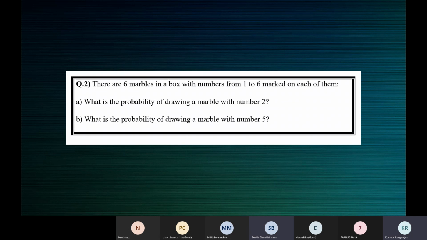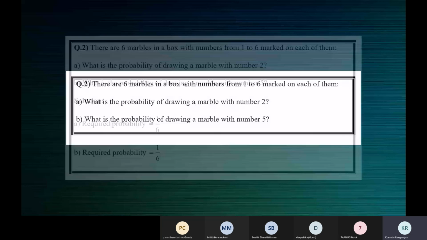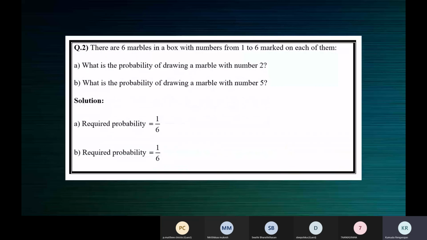Yes, ma'am. Same way here. There is only one marble with number 2, so 1 out of 6. There's only one marble with the number 5 on it, so 1 out of 6. So 1 by 6 is the probability for both.